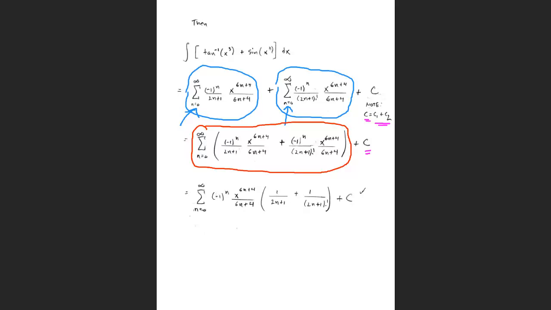I can factor out a common factor from both terms. X to the 6n plus 4 over 6n plus 4 factors out of both.